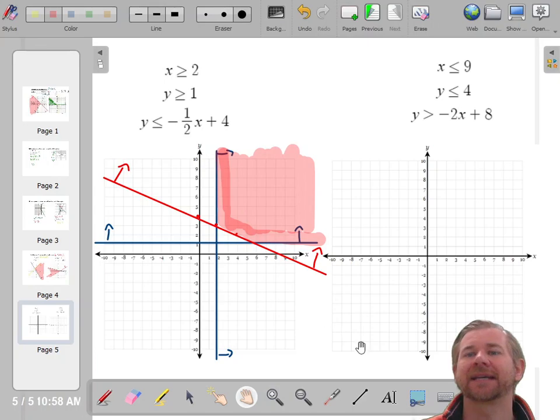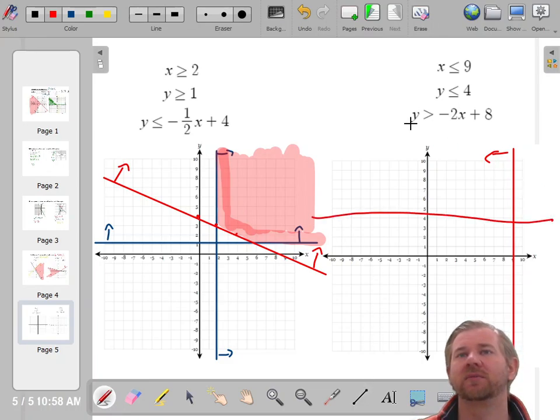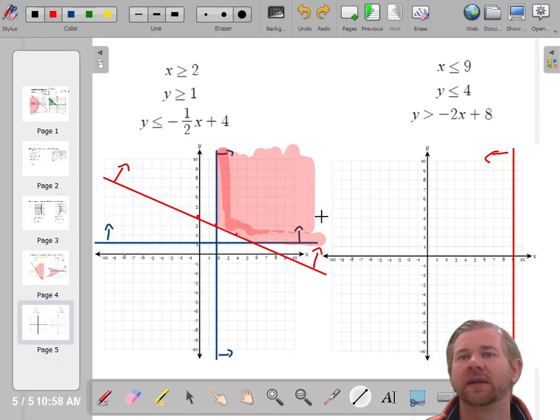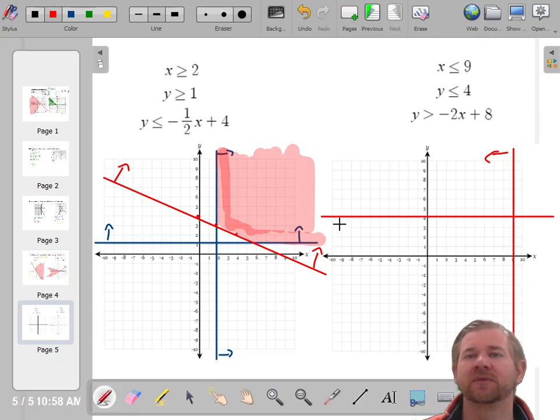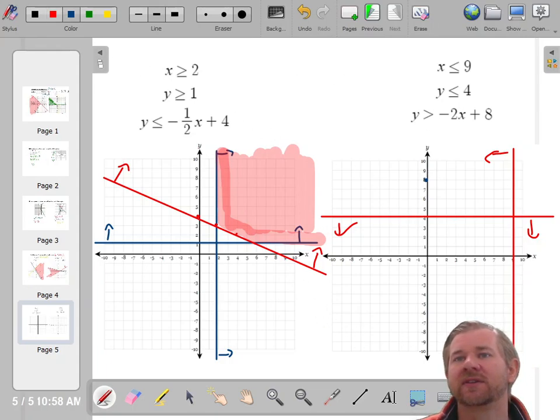Last one, x is less than or equal to 9. That's right here. We're going left. y is less than or equal to 4. That's right here. Less than means we're going down. So right now I'm in this area. And the last one, start at 8, the y-intercept, and go down 2 over 1.